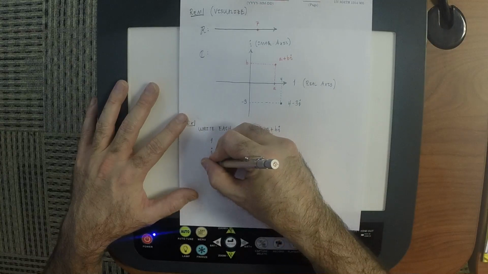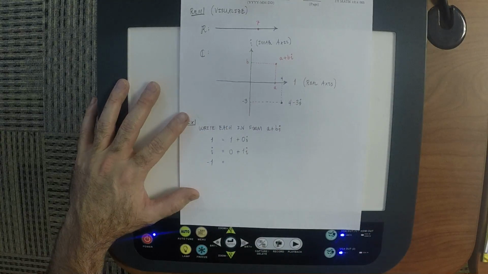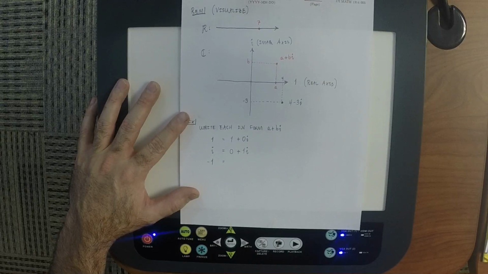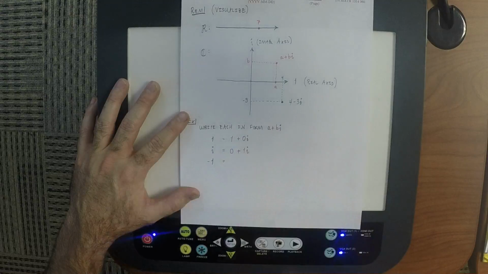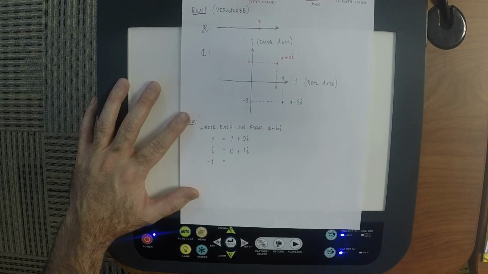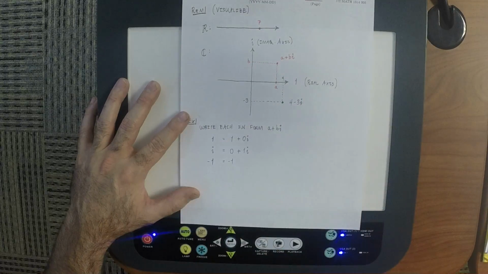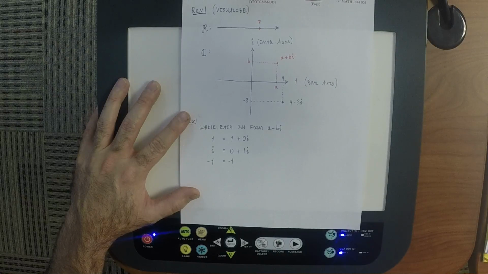Okay, how about negative 1? What's its real part? Its real part is negative 1, yeah. And then what's its imaginary part?